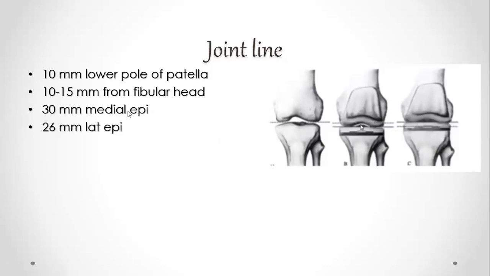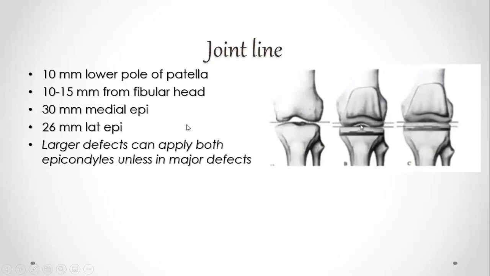But if you have a medial and lateral epicondylar axis, the epicondylar distance from the joint line is 30 and 26 millimeters respectively. Especially when you want to do surgery, in revision, except in major revision surgery, you can find these landmarks, the medial and lateral epicondyles.